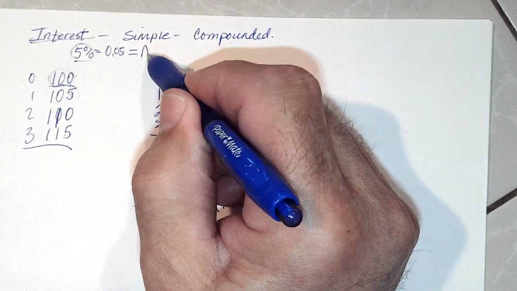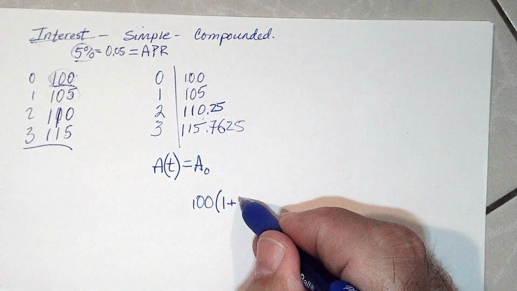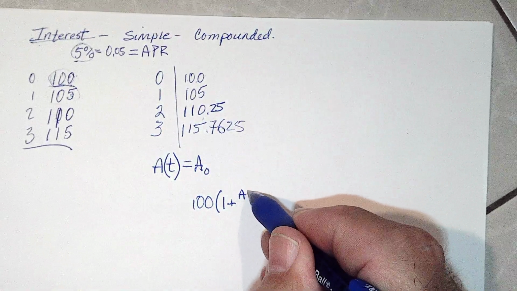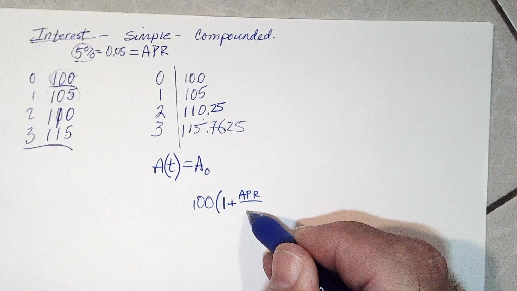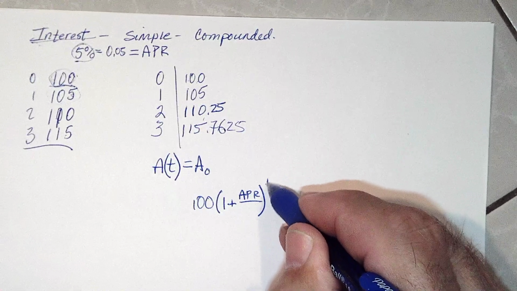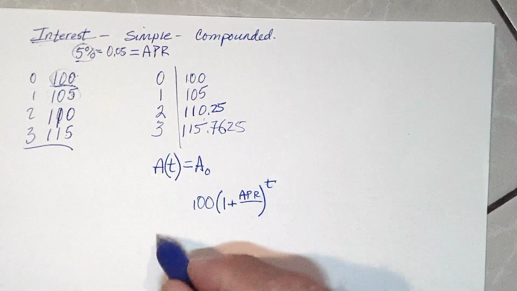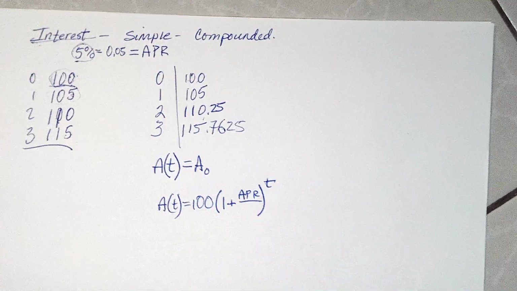This is called the annual percentage rate, APR. So some books will just use R, some will do the APR. Divided by, well, right now we're not dividing by anything, to the number of years. And that would be the amount I have after T years.